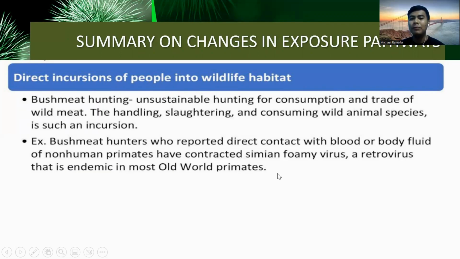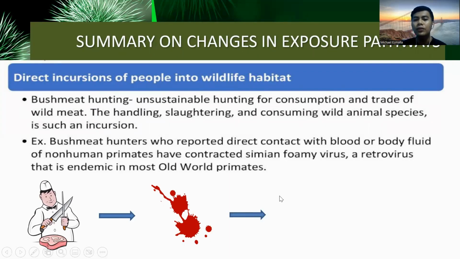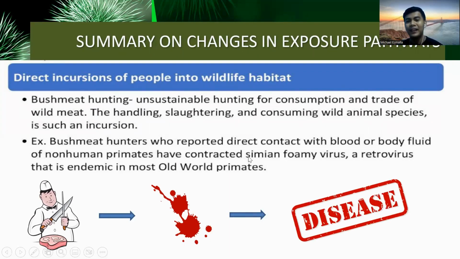Of course, if that particular species is exposed to different pathogenic diseases, then it is most likely that the human that will consume those wild animals would also be exposed to the pathogenic causative agents. So we have here, for example, the bushmeat hunters who reported direct contact with the blood or fluid of non-human primates and have contracted simian foamy virus, and of course that would lead to disease. All right.